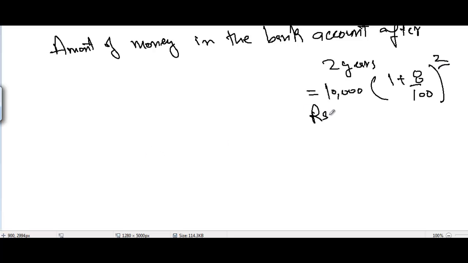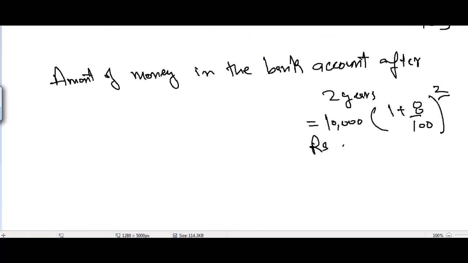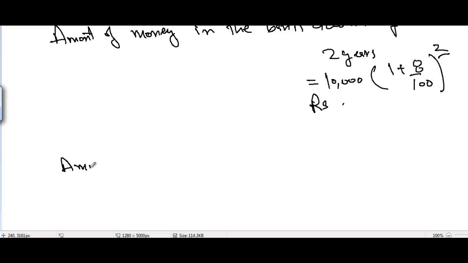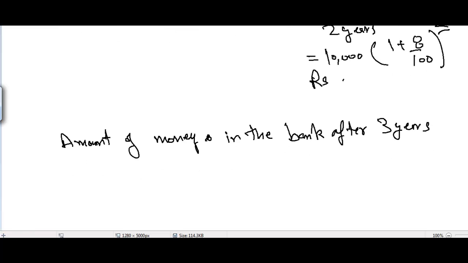Whatever answer we get would be in rupees. And similarly, the amount of money in the bank after 3 years would be equal to 10,000 times 1 plus 8 divided by 100, power 3.